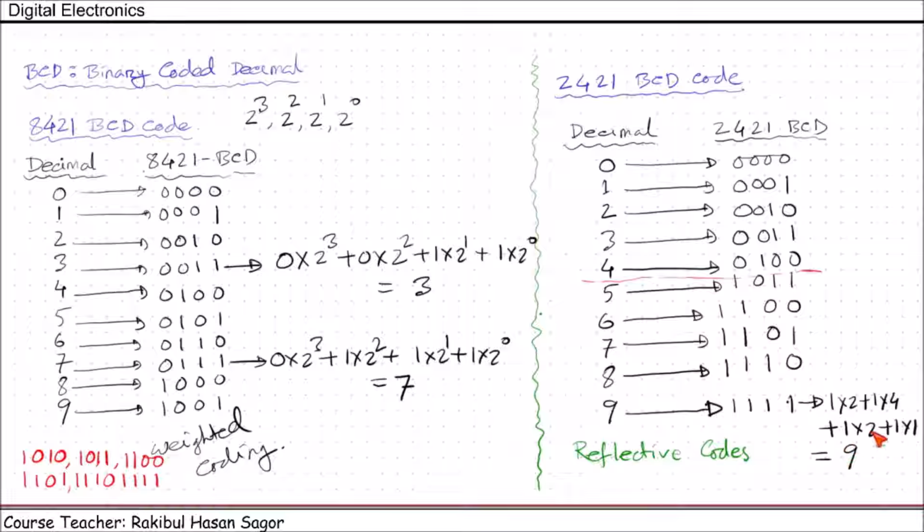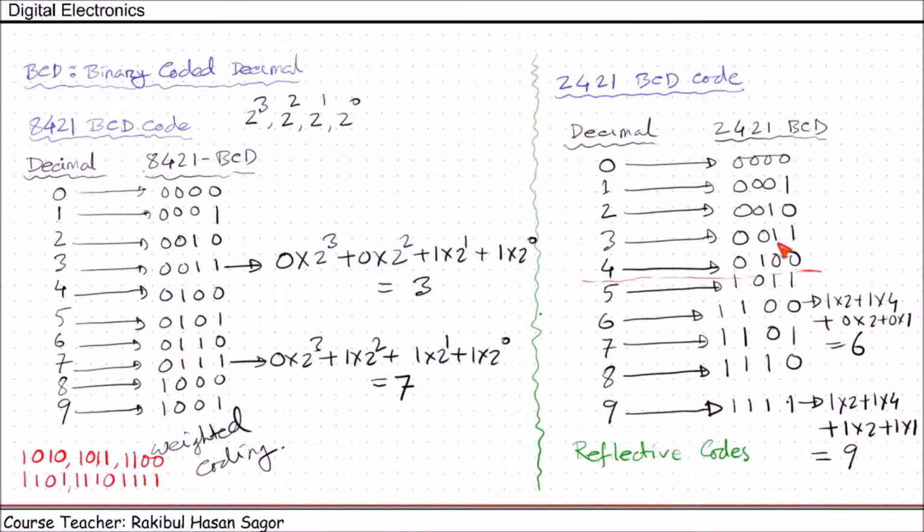These 2 4 2 1 are the weights. Let's check another number. We have 1 1 0 0: 1 into 2 plus 1 into 4 plus 0 into 2 plus 0 into 1. That will give us a value 6, which is the corresponding value of 6. I hope it is clear to all of you.